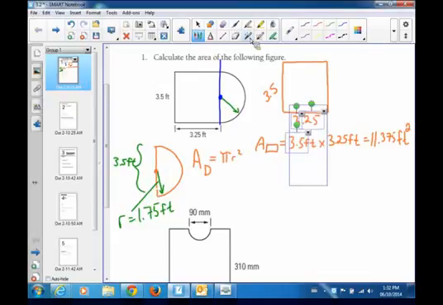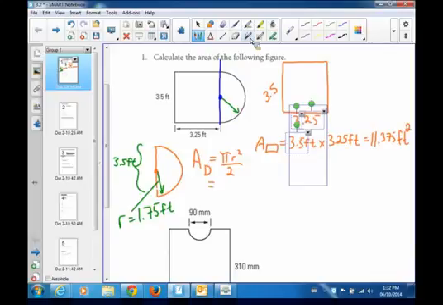But because this is not a full circle, it's only half of a circle, get your answer and divide it by 2. Now, I'm showing divide by 2 as a fraction. I'm trying to get you used to that idea, right? That just means hit the division button.